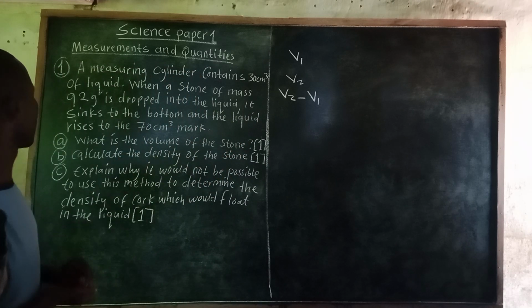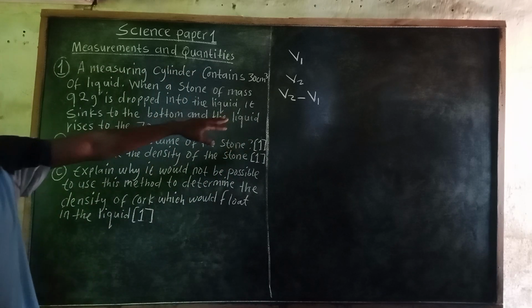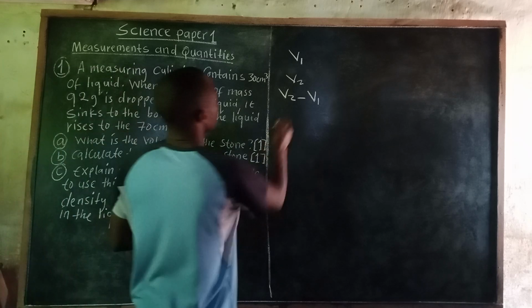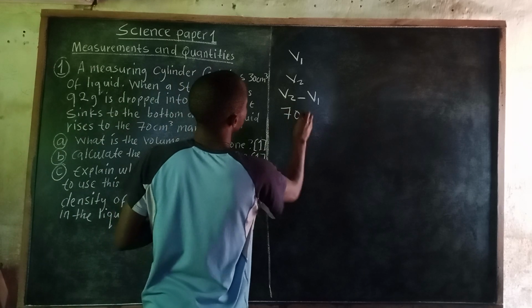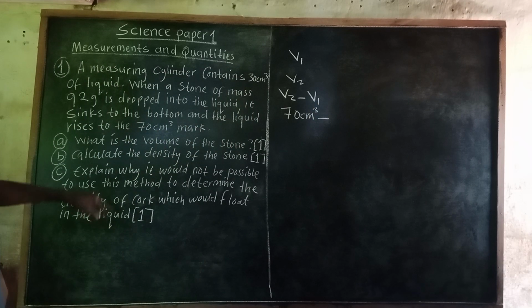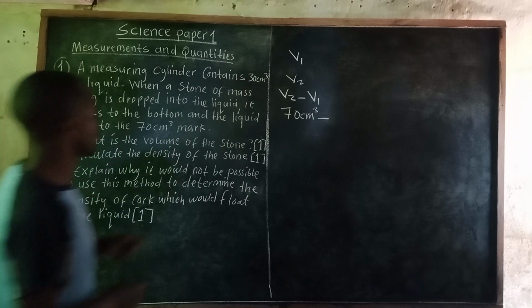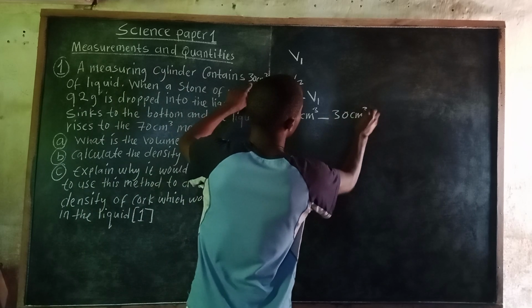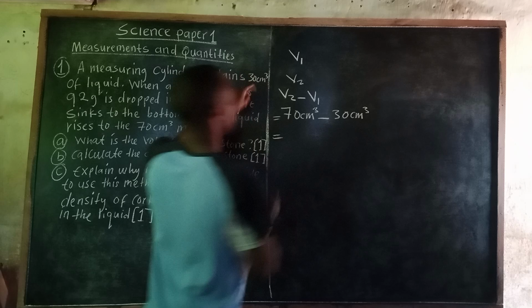So now let us get the values that we are given here and substitute. The volume 2 is 70. So we are going to say 70 centimeters cube minus the first volume before the stone was dropped, 30 centimeters cube. That is the way to go.